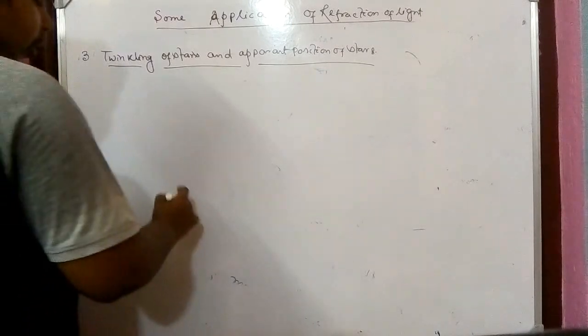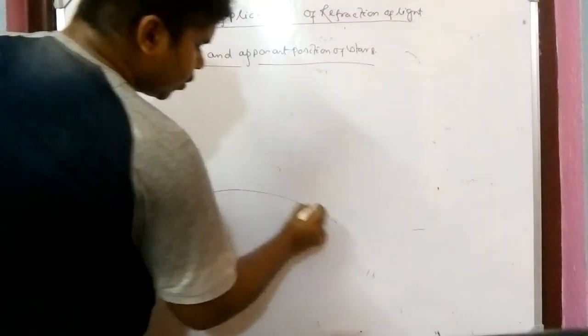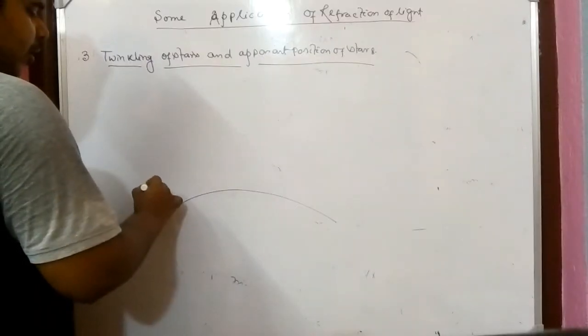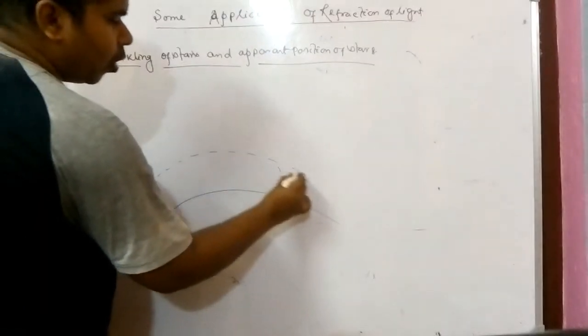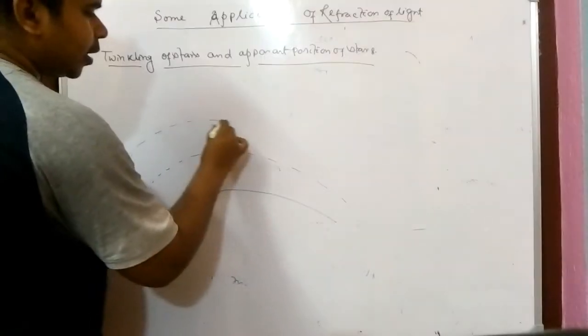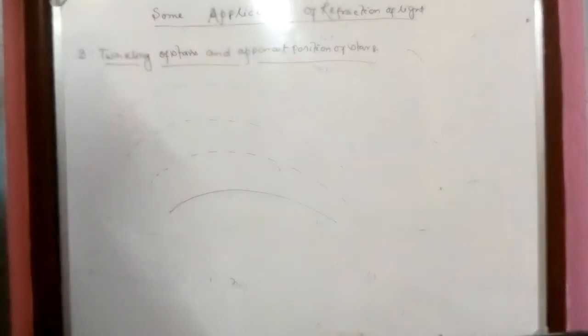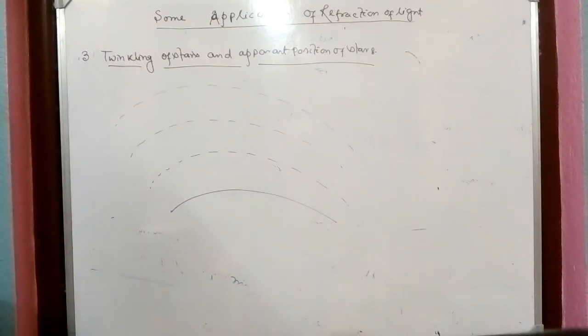Whenever I am talking about this, this is the surface of earth, and on the surface of earth there is a layer of atmosphere, many more layers are there, and we know the stars are at a very long distance.